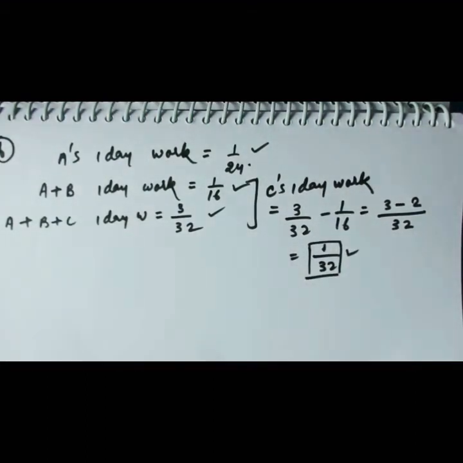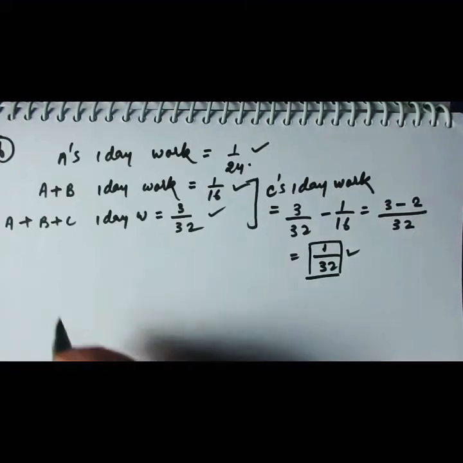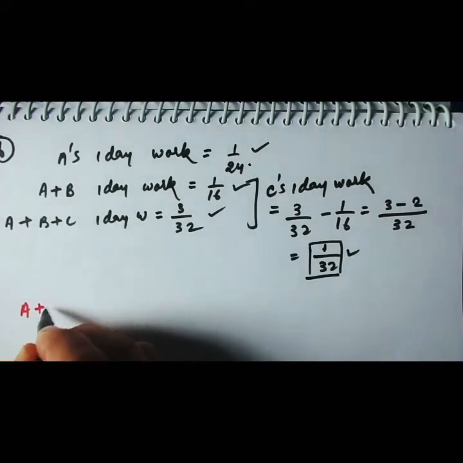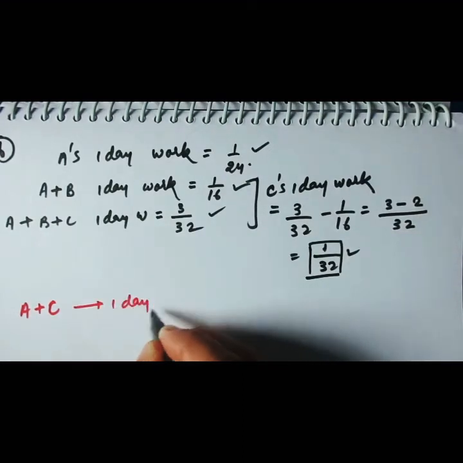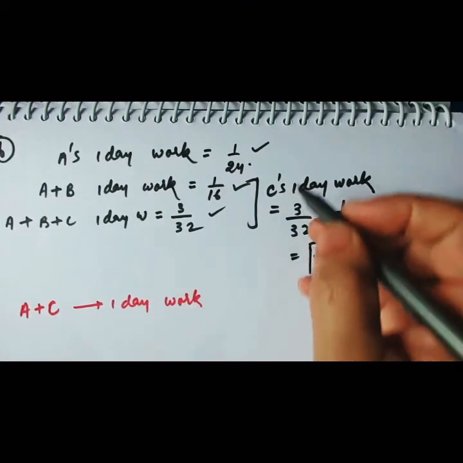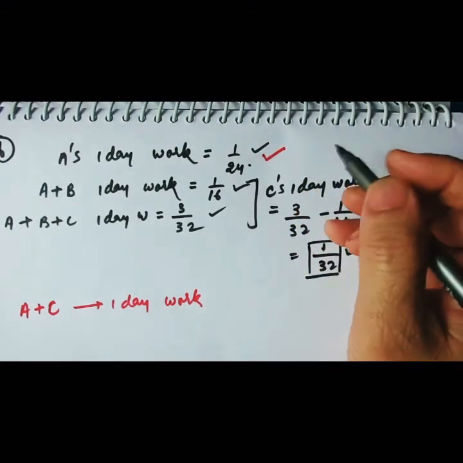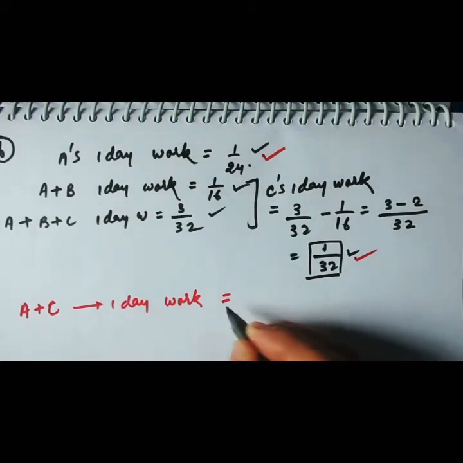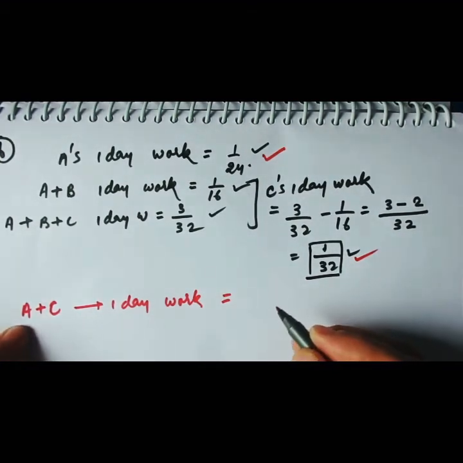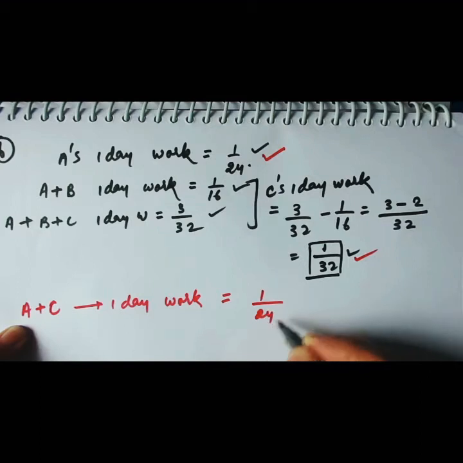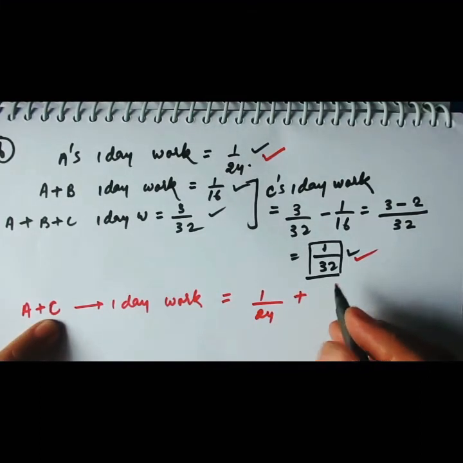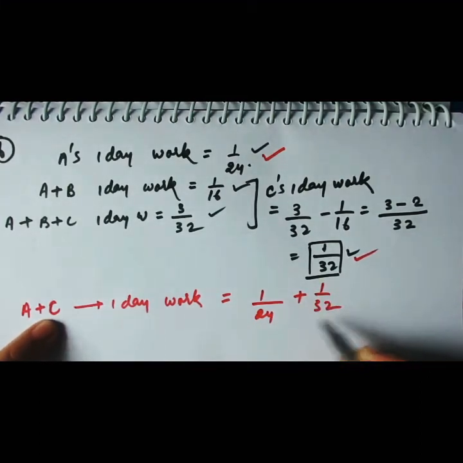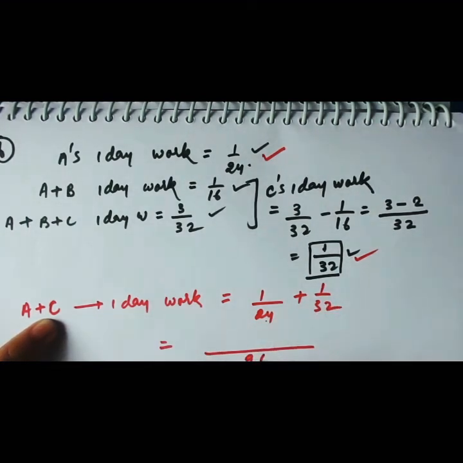Fine. Now what were they asking? They were asking in how many days A and C complete the work. So A plus C 1 day work, because we have found out 1 day work of A and 1 day work of C. So naturally A plus C 1 day work will be equal to A's 1 day work, which is 1 by 24, plus C's 1 day work. C's 1 day work is how much? 1 by 32. Can you people add this? LCM of 24 and 32, isn't it?